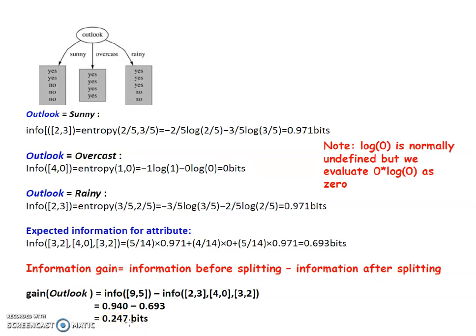So we have calculated the information gain for Outlook using the entropy calculation. This we will repeat for all the attributes.